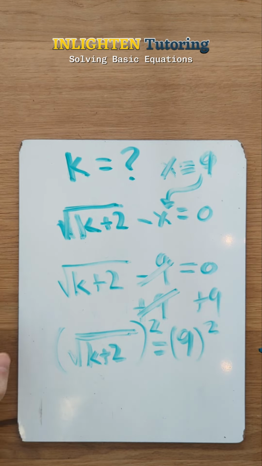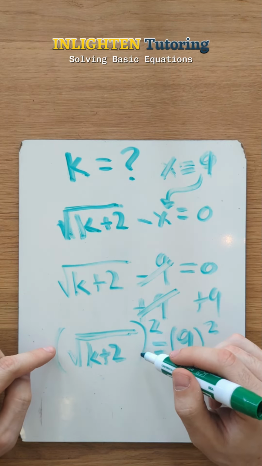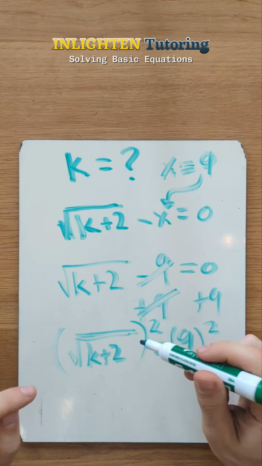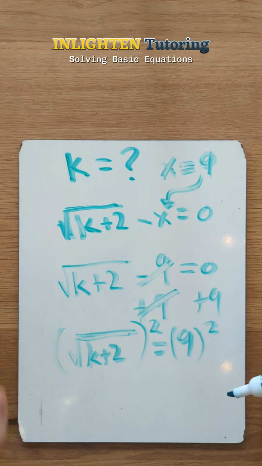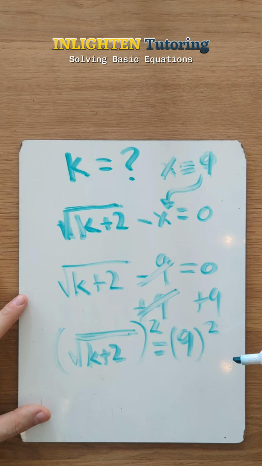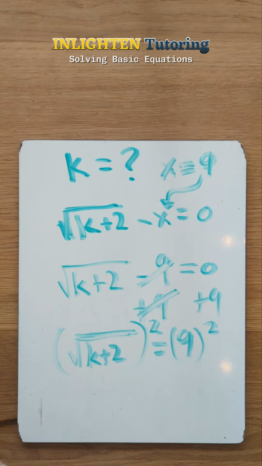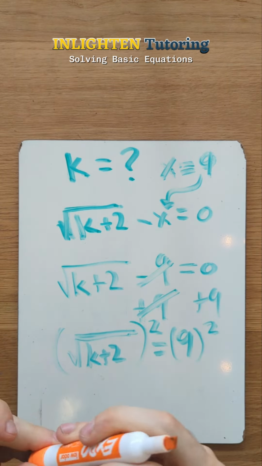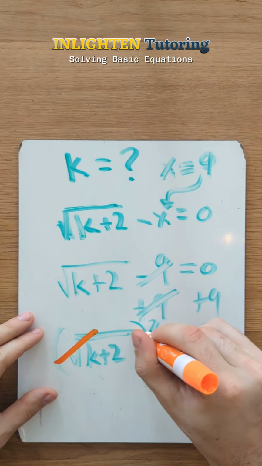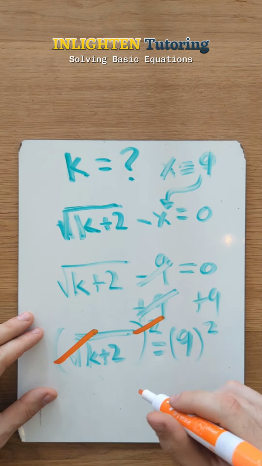Now, this is a habit that I have, which is putting everything in parentheses when I do this. That just shows that I'm squaring the whole left side and the whole right side of the equation separately. This, in fact, let me switch colors here. This makes my square root symbol go away.